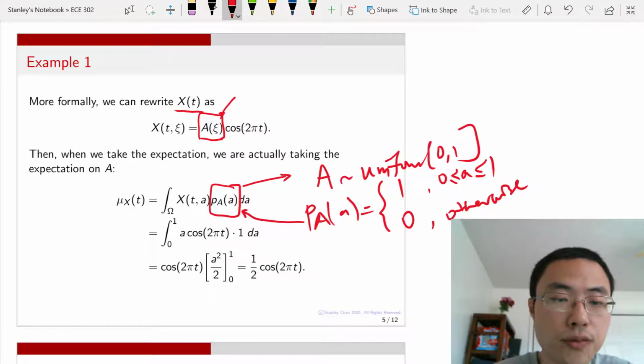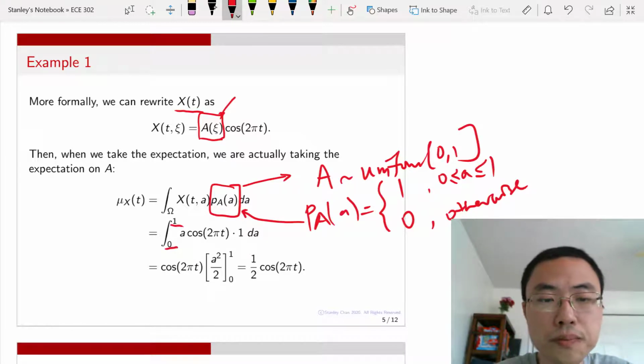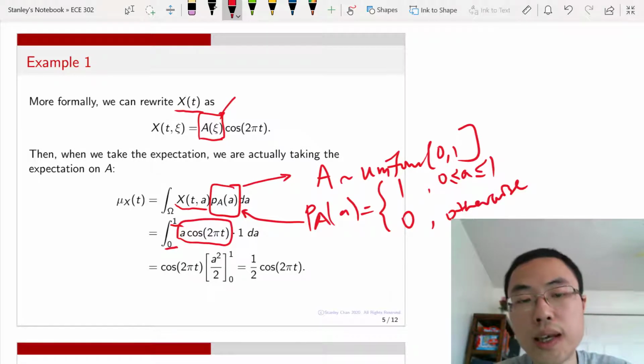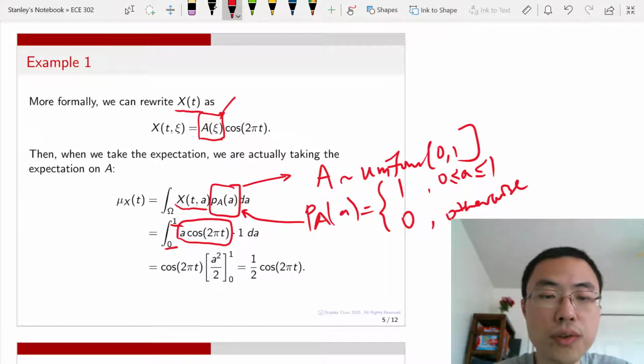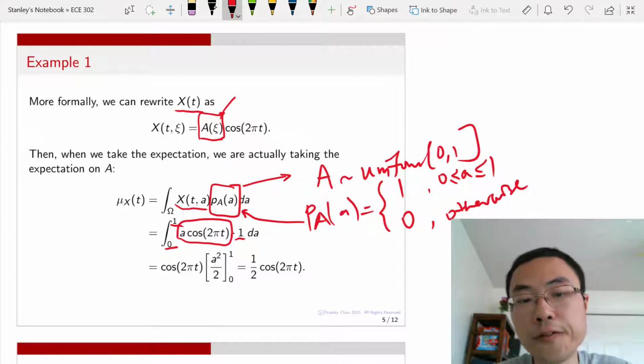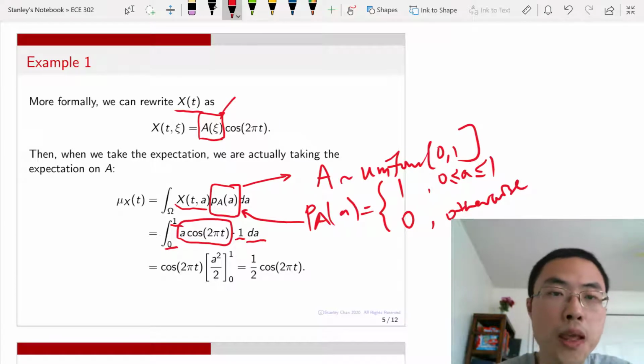And so you have this integration from 0 to 1. And then in here, that would be your x of t and a, which is given by your a times cosine 2 pi t. That is the function that you're looking at. And then this one here goes with your PDF. And then you have da. So if you try to integrate this function, you keep the cosine 2 pi t here.